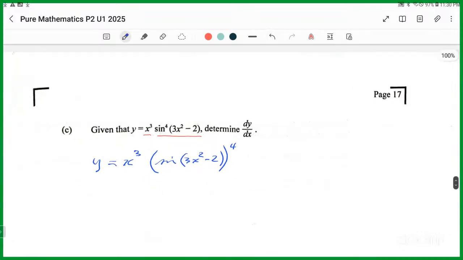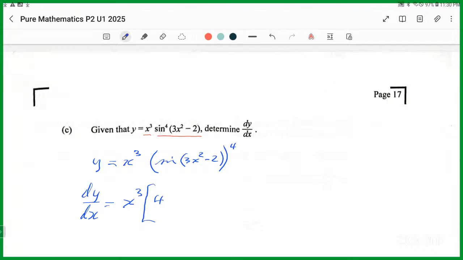See, better that way. Differentiating now, dy by dx equals: I'm going to keep the first, x cubed, as it is, and differentiate the second, in a square box. Isolate. But to differentiate this now, I'm going to differentiate the whole thing first.